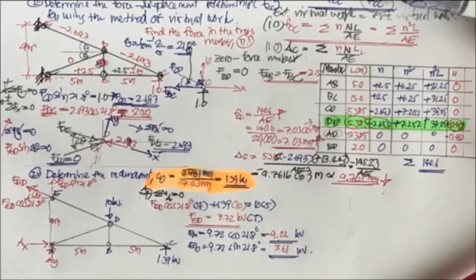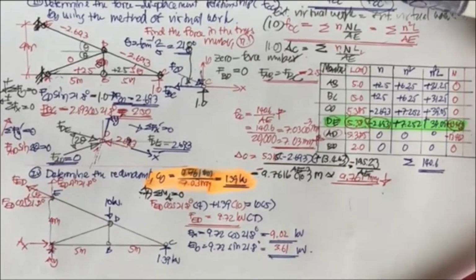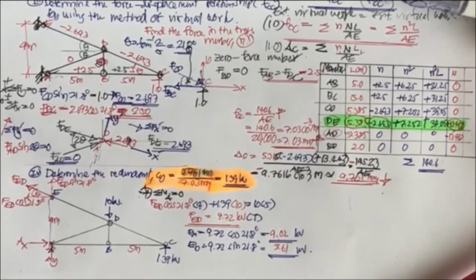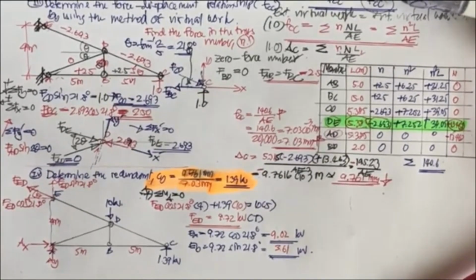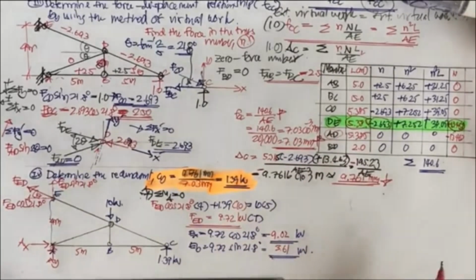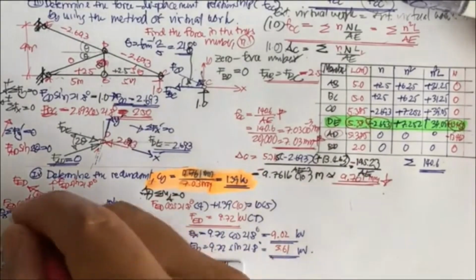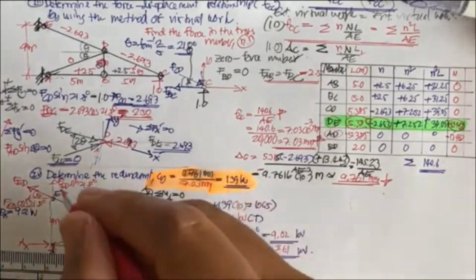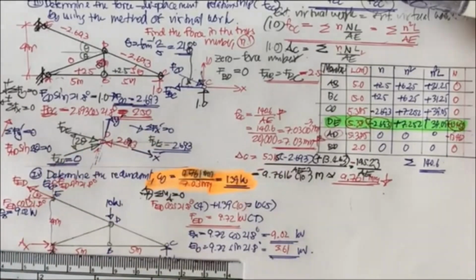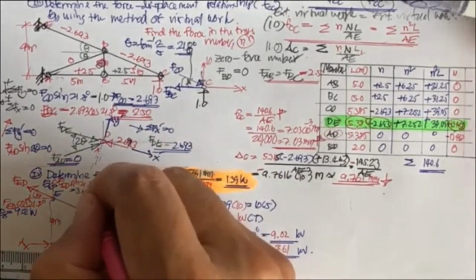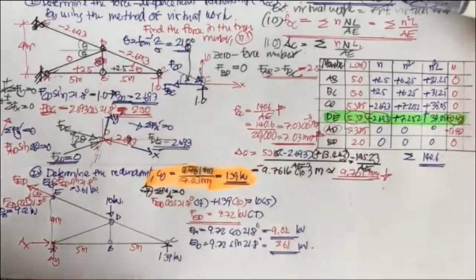Okay, now you can go further to determine the A sub x and A sub y, right? We can do it easily. Let's go further to find this A sub x and A sub y. Now, just put this one as the E sub x equal to 9.02 kilonewton. And this one E sub y, 3.61 kilonewton. Now, you do the summation of F sub x equal to 0.